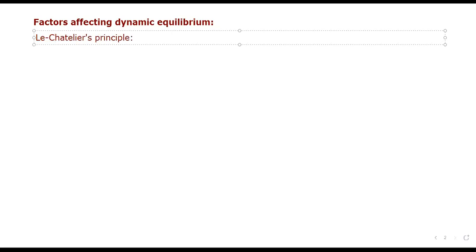Le-Chatelier was basically a French chemist, and he studied how these different factors affect the position of the equilibrium.